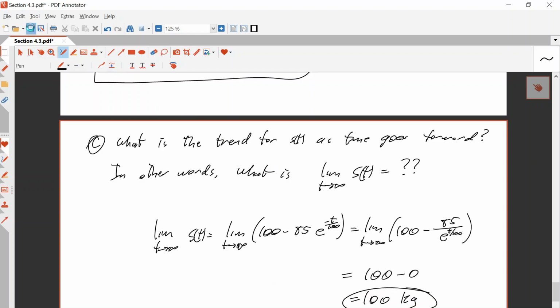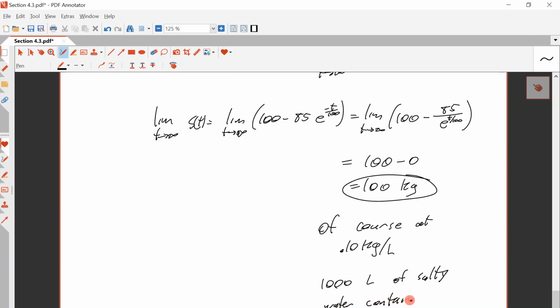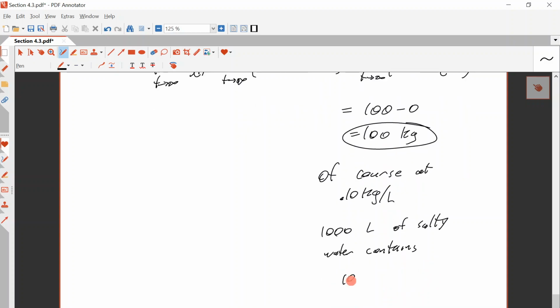And of course, at 0.10 kilograms per liter, 1,000 liters of salty water contains 1,000 times 0.10, which is equal to 100 kilograms of salt.